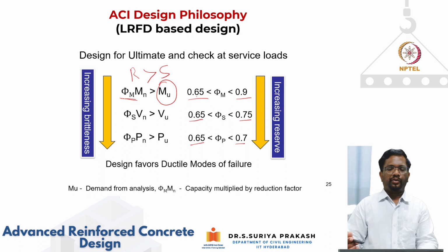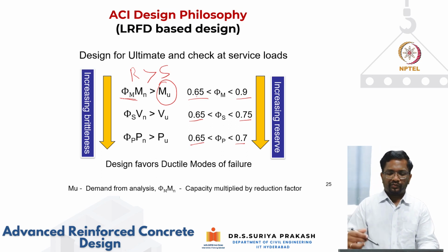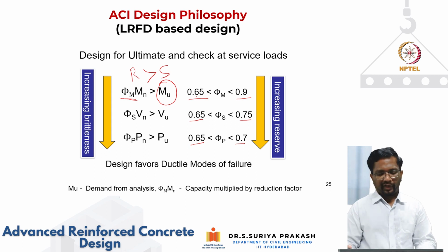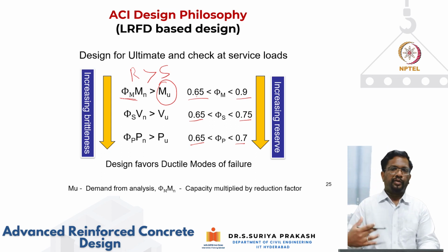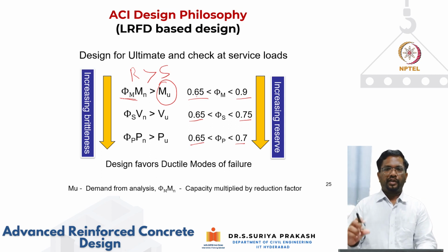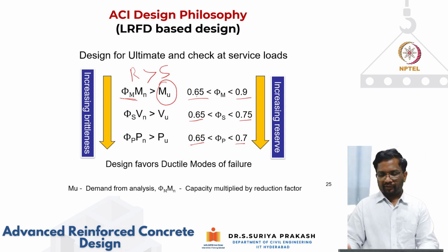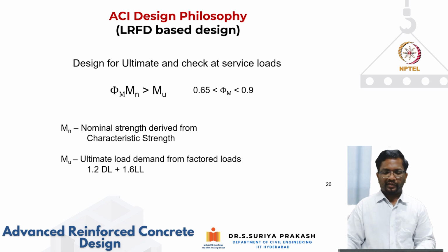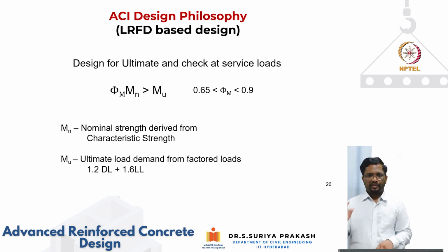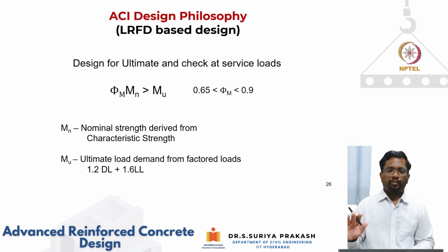So the ACI code does this in a more rational manner, which accounts for the modes of failure that you're designing for. If you're designing a brittle mode, the reduction in strength will be higher. If you're designing for a ductile mode, the penalty in reduction is going to be lesser. So which favors. But in the IS code, we don't really consider that.